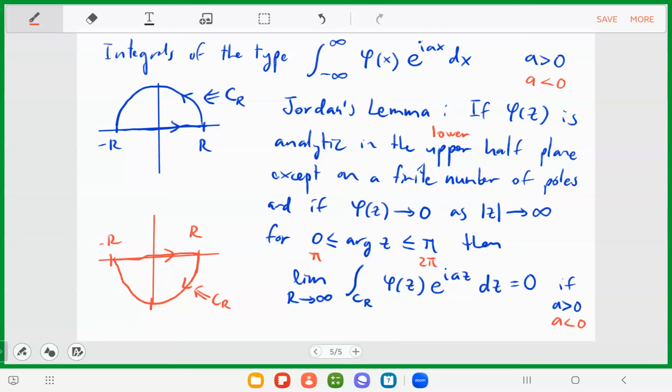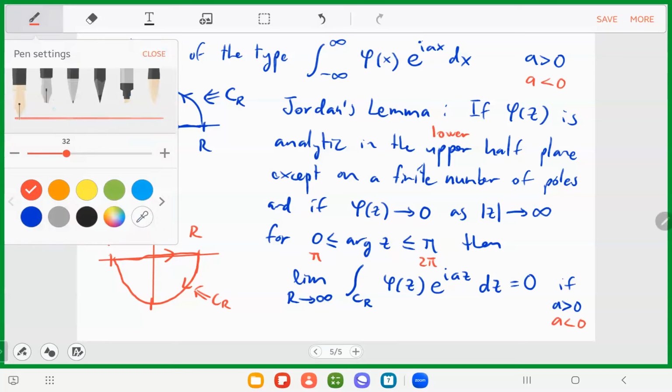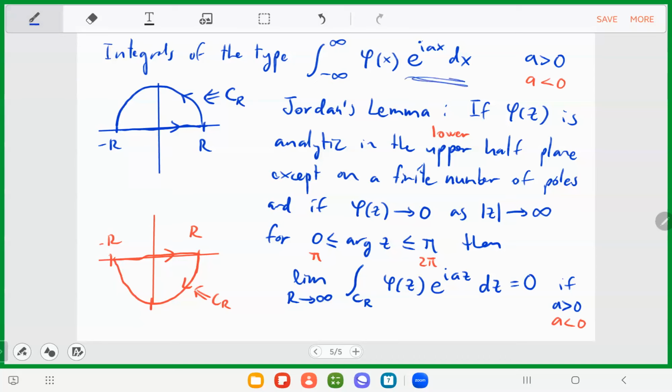Okay. Now, another interesting thing about this integral with a complex exponential is that we can express, for example, an integral like this.